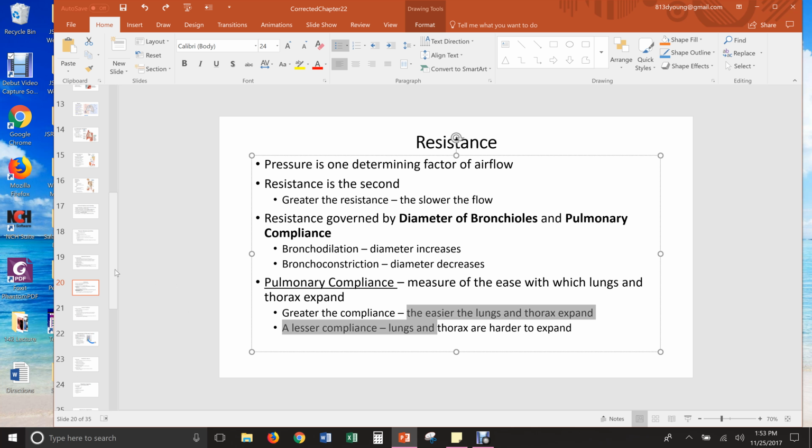A disease that you're going to probably see a lot of is emphysema. With emphysema, it sounds like it's backwards. However, what happens with emphysema is we get a reduction in the elastic recoil of the tissues.